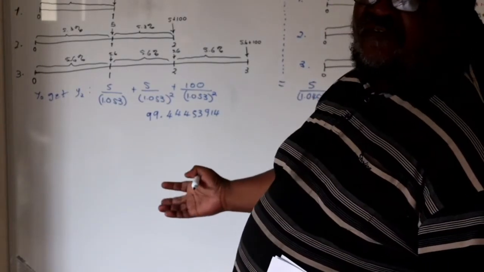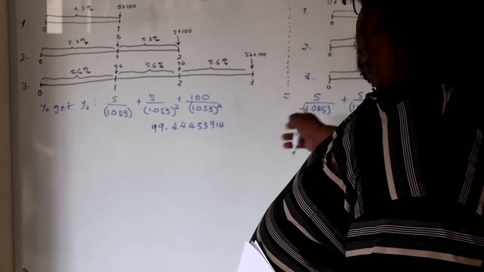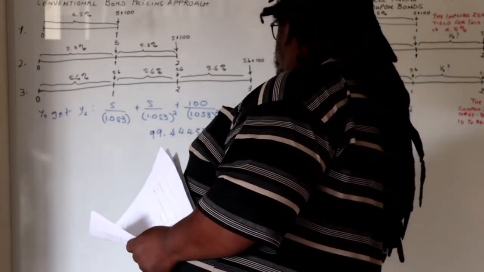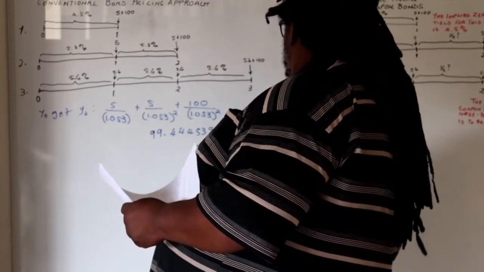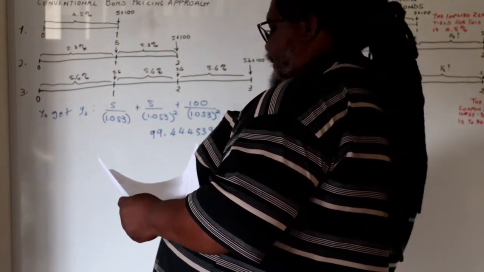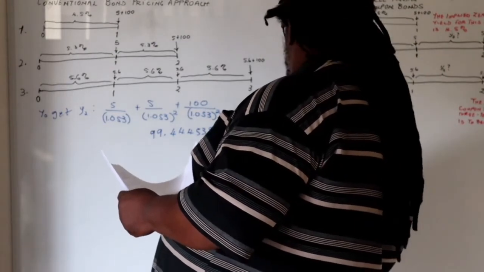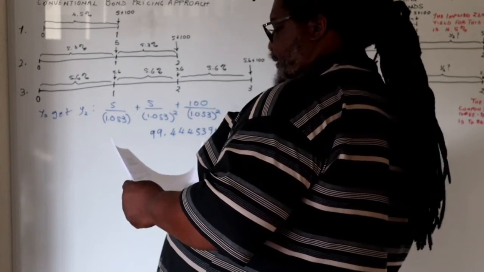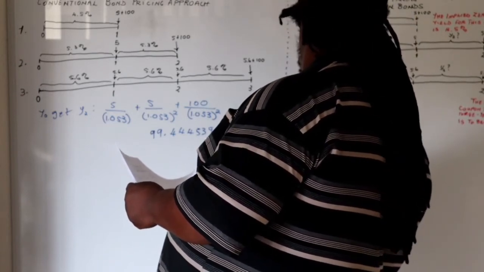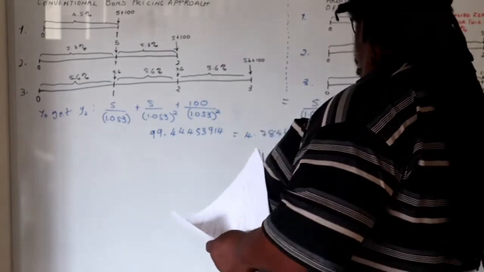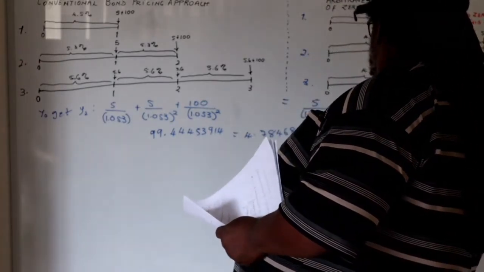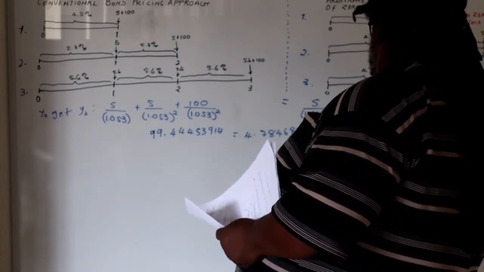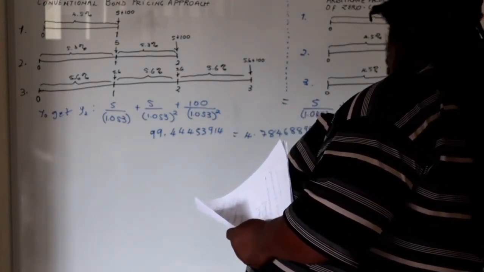This question obviously is meant for mature students, so you can verify these calculations. And here we had 4.78688995 plus 105 over 1 plus y2 squared.